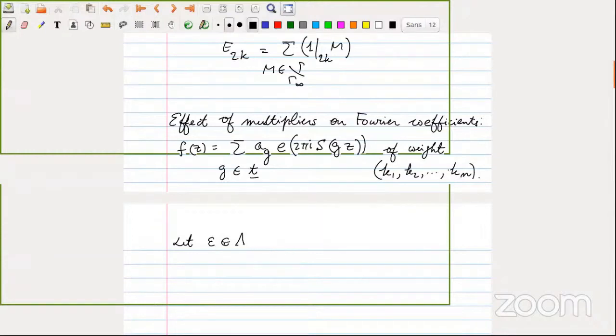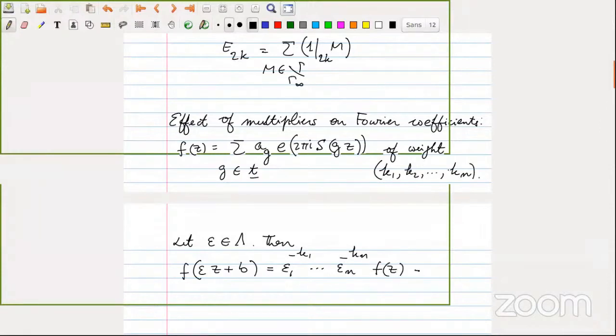Once I have an epsilon inside lambda, I know that there is a b such that epsilon b 0 epsilon inverse will be inside gamma. Then if I look at f of epsilon z plus b, this will turn out to be epsilon 1 to the power of minus k1 through epsilon n to the power of minus kn, times f of z.